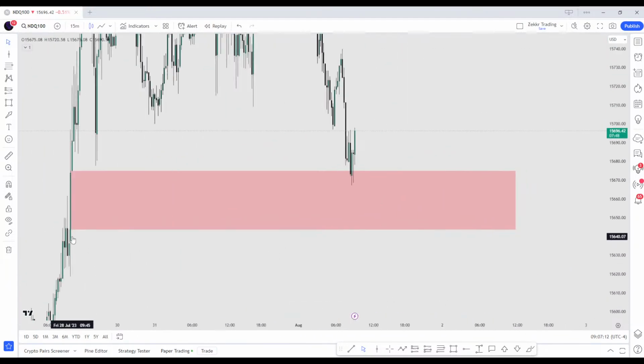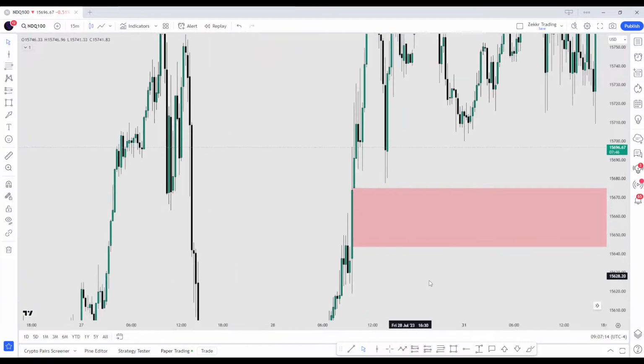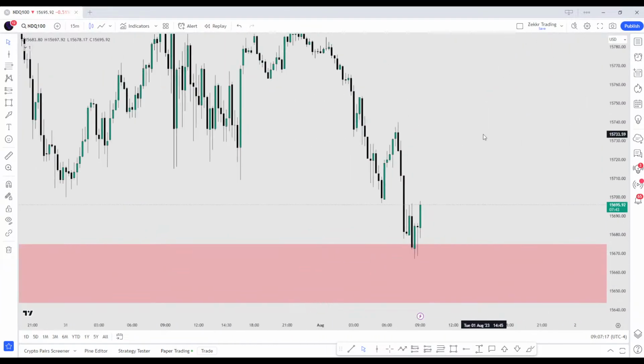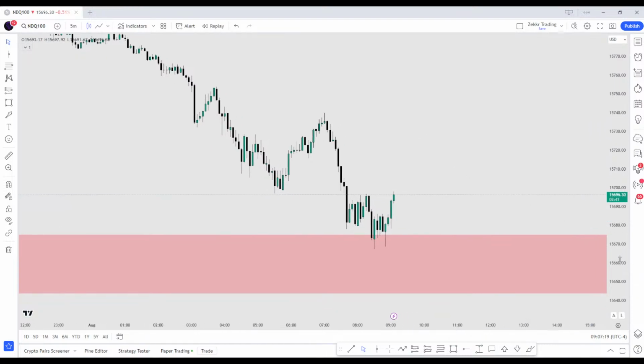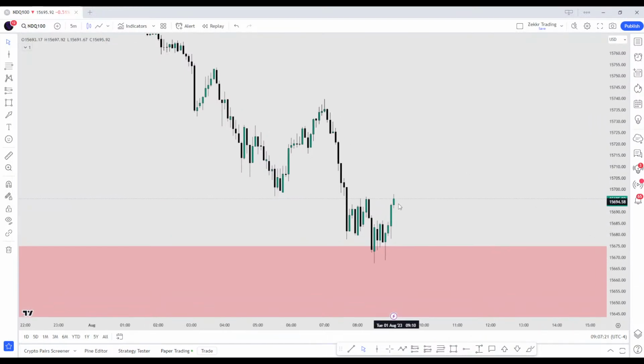Yeah, that one is Friday. So yeah, this is displacement. I like the displacement, to be honest. I just want to see how this candle closes. It's 1 or 4 hour.